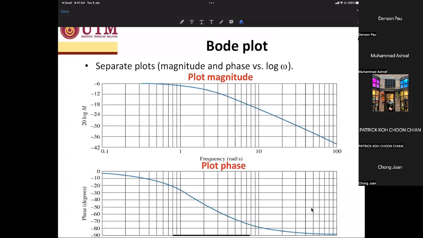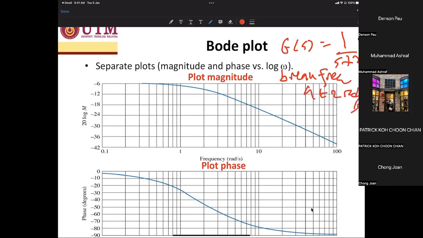But before we go there, for this plot, the transfer function is G(s) = 1 over s plus 2. It is a first order system, single pole, and the break frequency is at 2 radian per second. So this is 1 and this is 2.